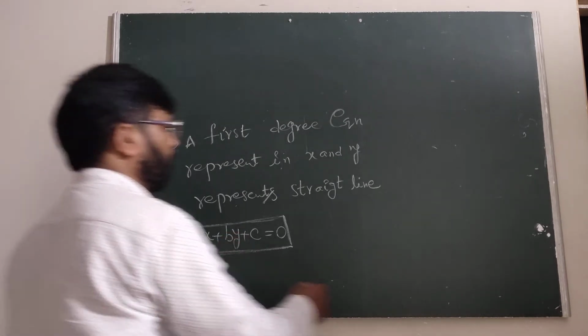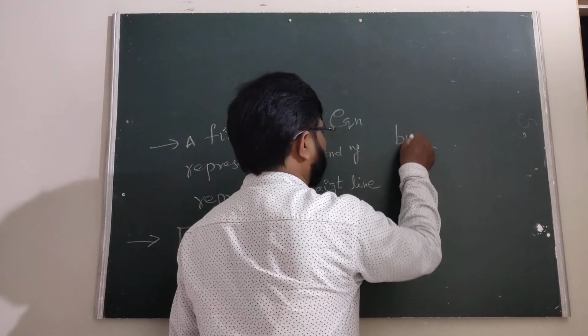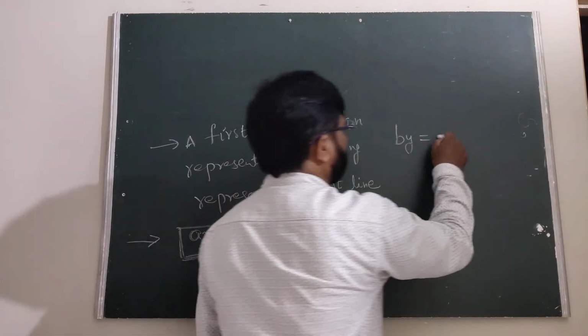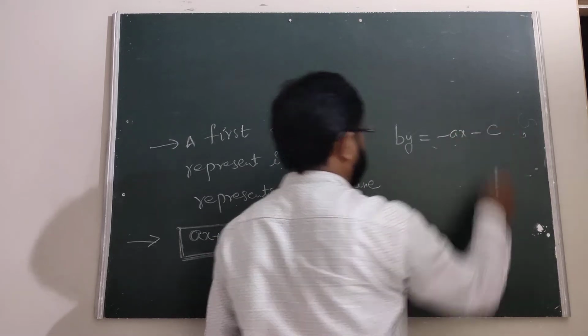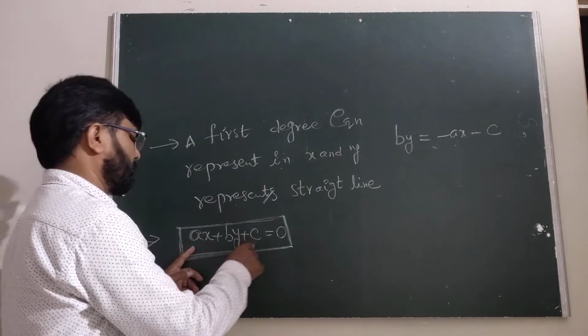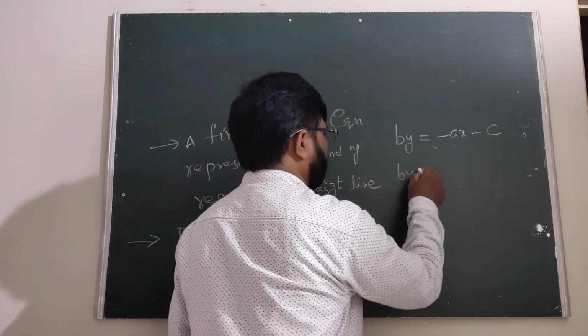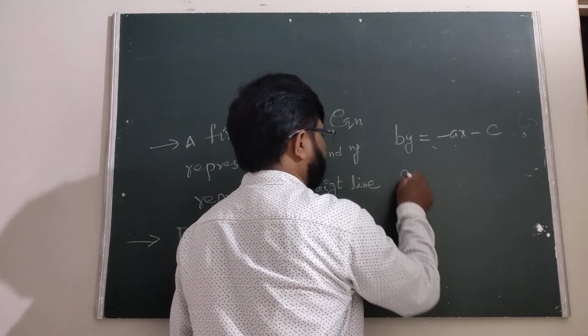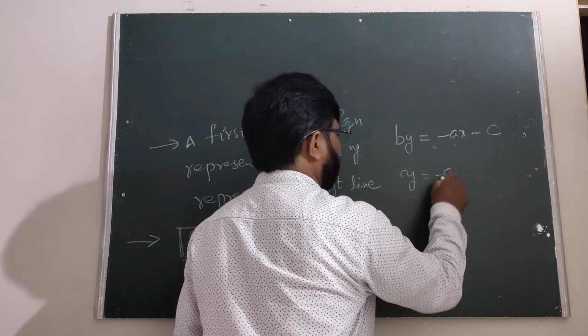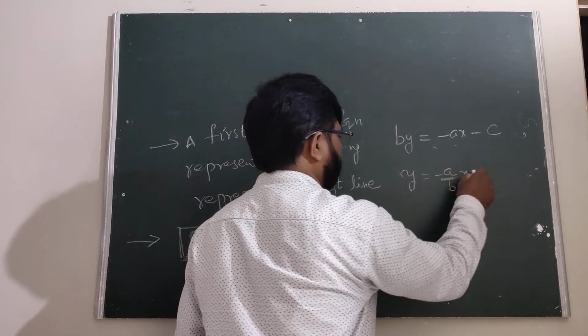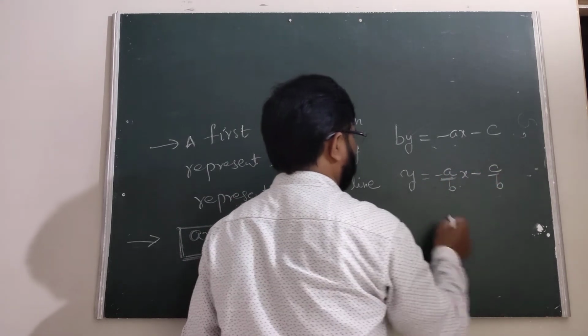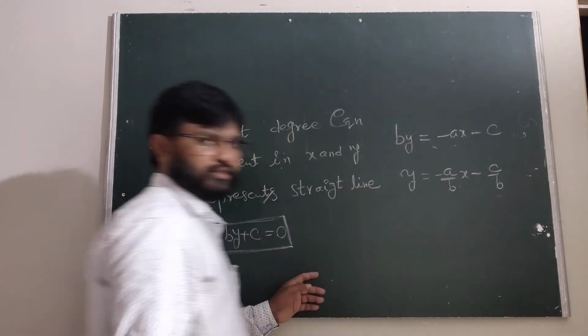Now we show that it represents a straight line. Taking the left hand side, by equals minus ax minus c, sending these two terms to the other side. After that we can write y equals minus of a by b into x minus of c by b, with b sent to the other side.